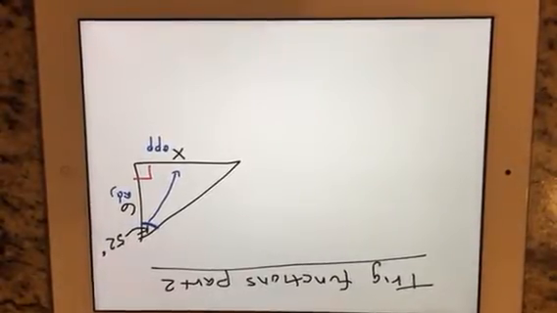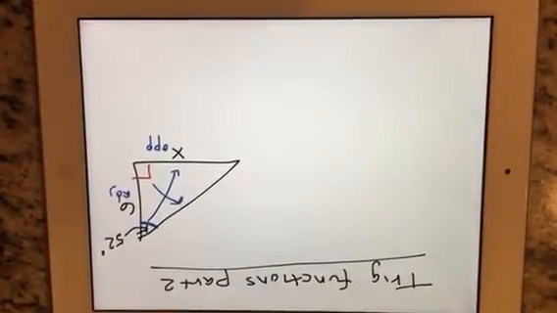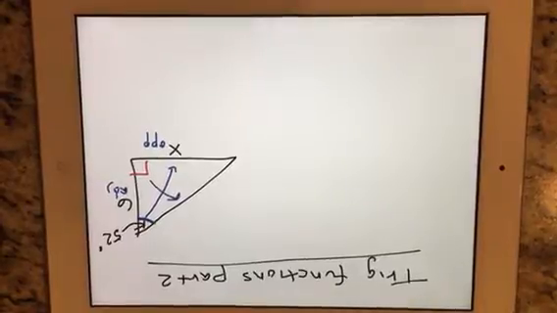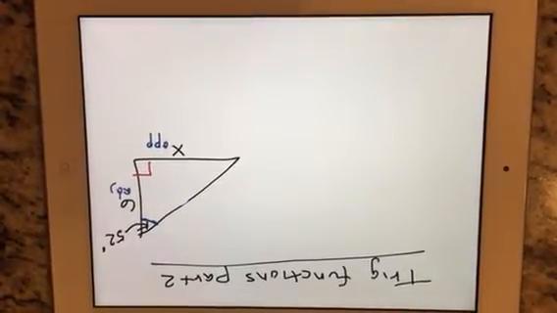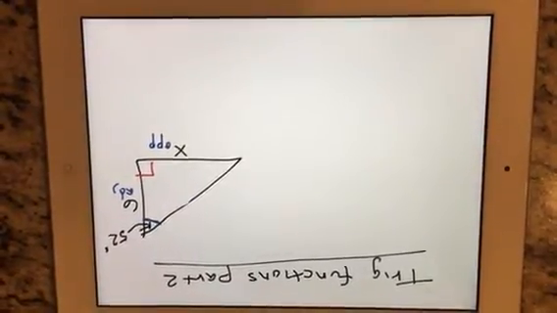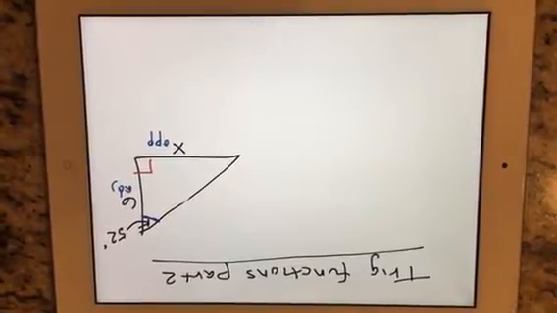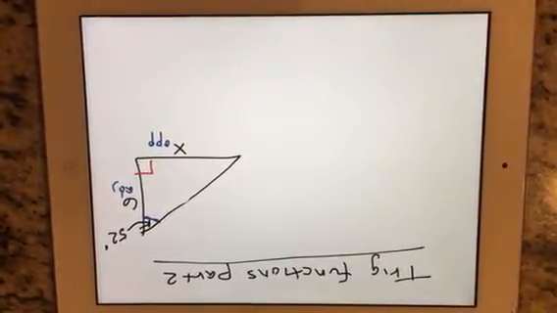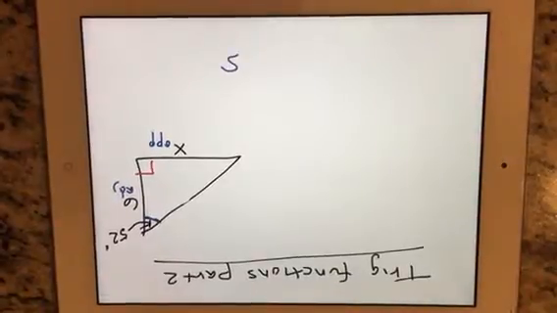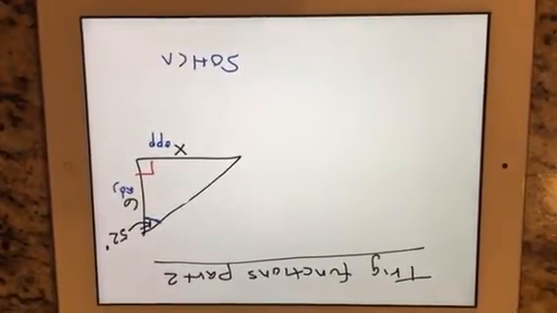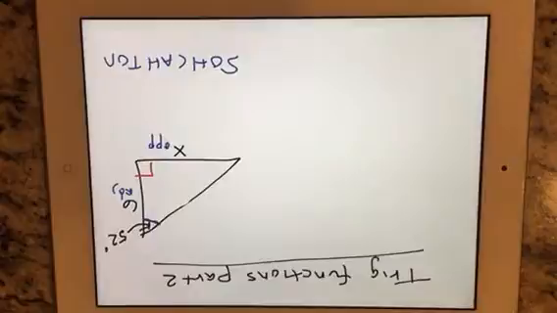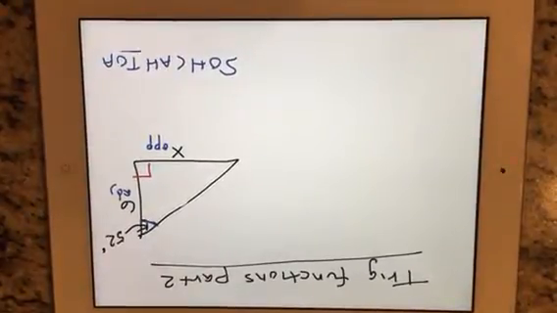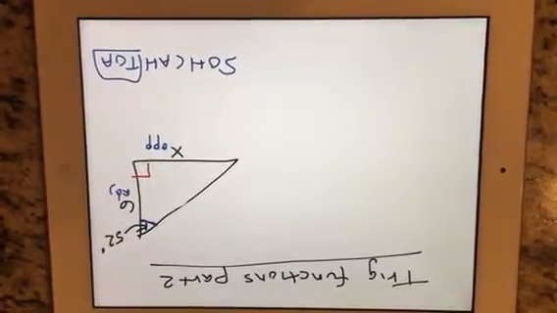I know this is adjacent and not hypotenuse because the hypotenuse is over there, across from the 90-degree angle. So now I know that I have adjacent and opposite. I want to think, what trig function uses opposite and adjacent? I'm going to think back to SOHCAHTOA, or use your notes, and I'm going to see that I want to use tangent.